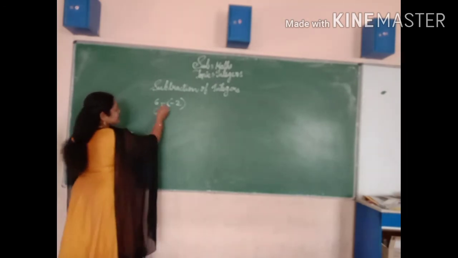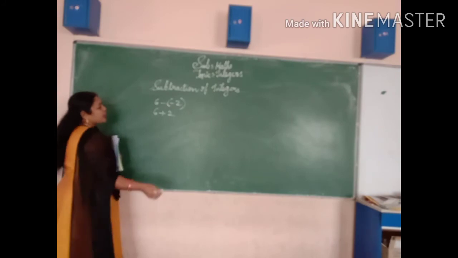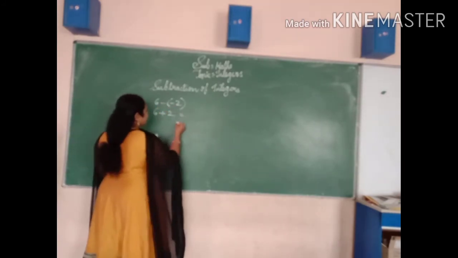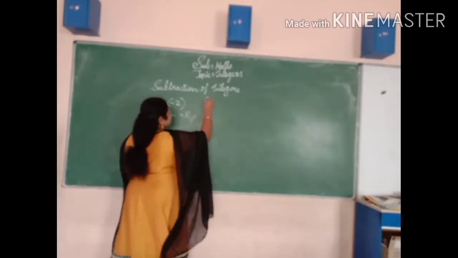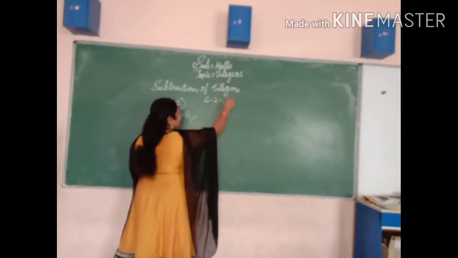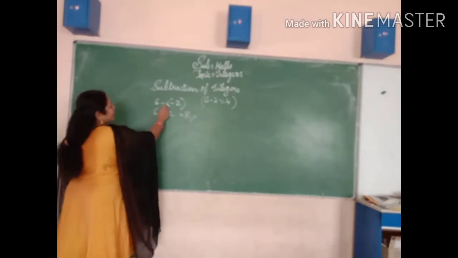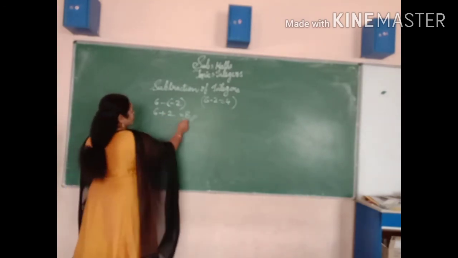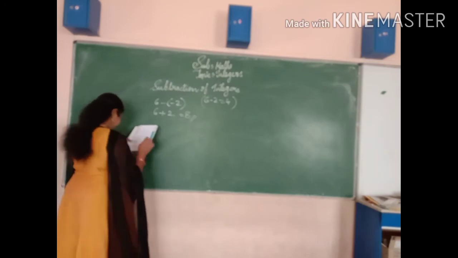So 6 remains, minus into minus plus 2. Therefore, it becomes 8. Previously when we said 6 minus 2, it was 4. But when it comes to integers, 6 minus minus 2, it becomes plus 2. Therefore, you will get 8.